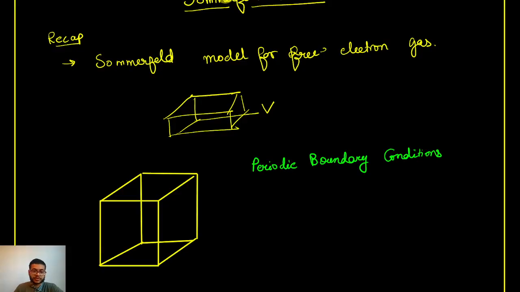So, for example, let's say this is the origin, this is the x-axis, and this is Lx, this is the y-axis with Ly, and this is the z-axis with Lz. So Lx, Ly, and Lz are the lengths of the lattice in the x, y, and z directions. In a cubic lattice Lx equals Ly equals Lz, but this need not be the case.